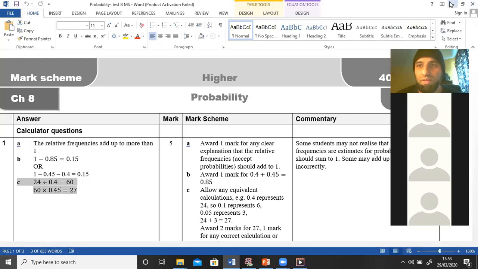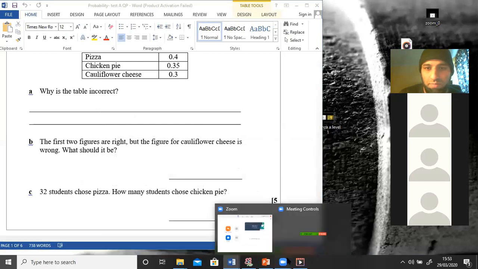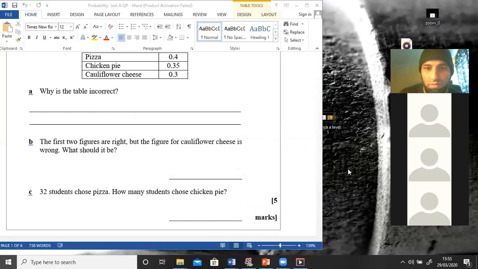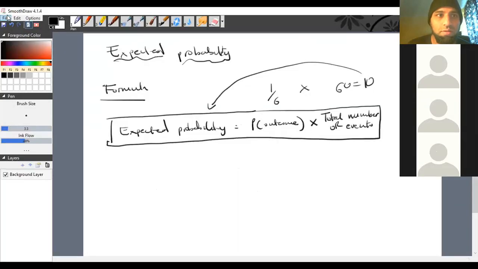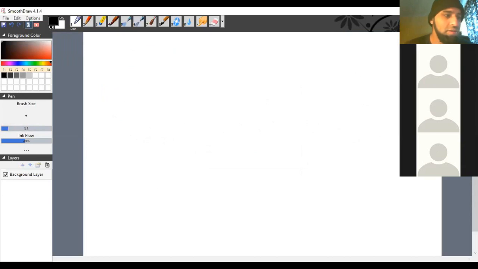Okay. Now I'm going to take you through it. Let me load up my, oopsie daisy, load up my whiteboard page. Okay. Get a new screen. Okay. So if you look at the probability of pizza, it was 0.4, right?